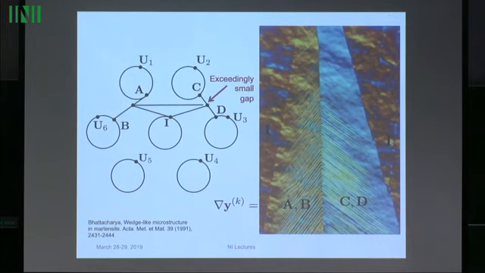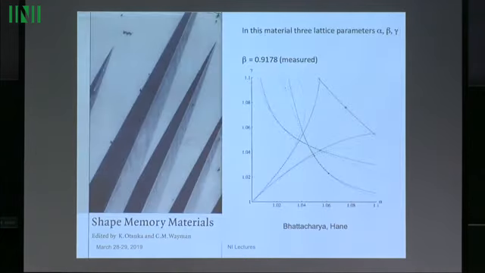You find that there's an exceedingly small gap. You take the measured lattice parameters of this material, and there's no point along this line which differs from any point over here by a rank 1 matrix. But it almost does, as I say, it's very small.